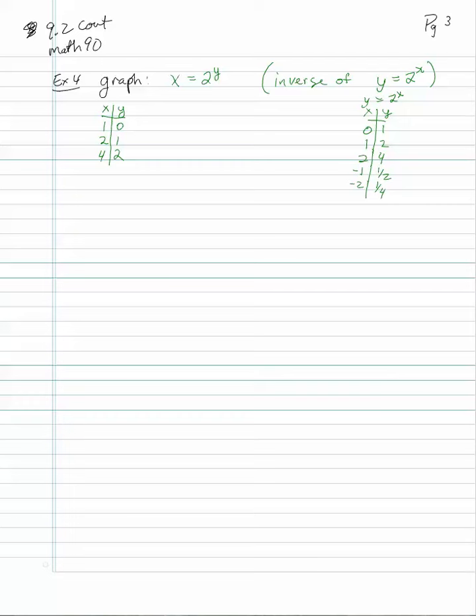So I'm just switching these. So 2, 4 becomes 4, 2. Then 1/2, negative 1, 1/4, negative 2.